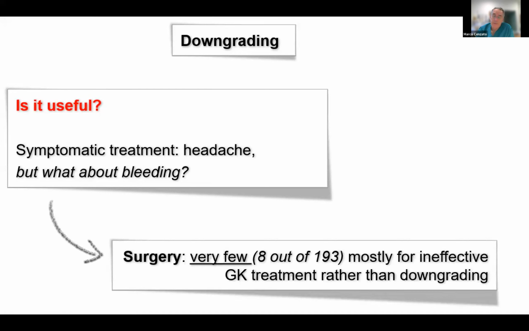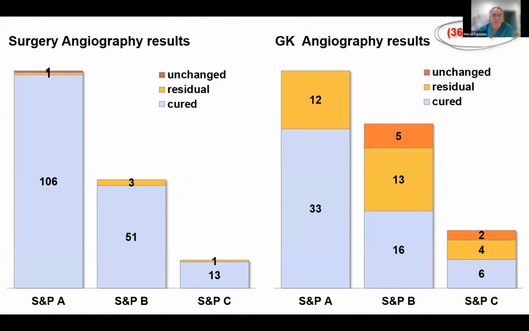We had few of them, mostly where there was an effective gamma knife treatment rather than a planned downgrading. But now we started with an intentional downgrading. We have quite a few patients that were planned for surgery in the future. So the goal is to downgrade the AVM and then bring it to surgery at a future time.